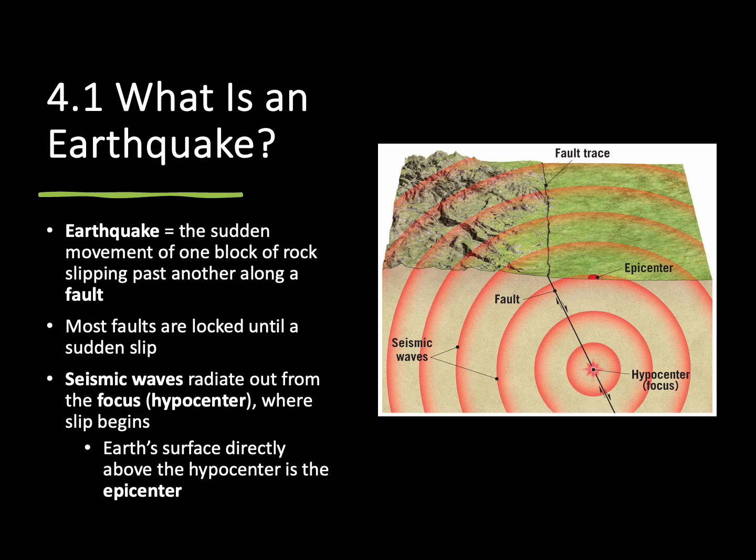So the actual location of the earthquake is called the focus or the hypocenter, and this is underground. But since we live and work on the surface, we care about the location on the surface that's going to move or shake the most in an earthquake. So the area on the surface of the earth that is directly above where the earthquake actually happened is called the epicenter.